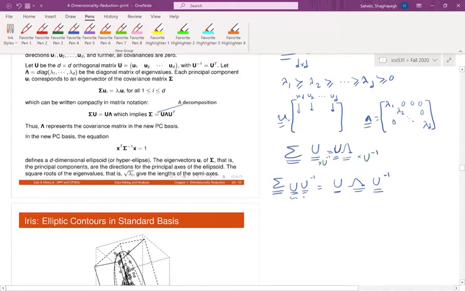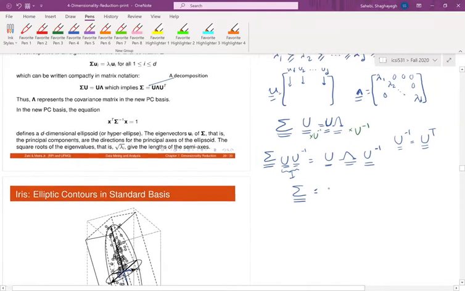Now this is I, so on the left hand side only sigma remains. On the right hand side, because our ui's are orthonormal to each other, we know that U minus 1, or the inverse of matrix U, is equal to U transpose, right? So on the right hand side, we will have U lambda U transpose. This is what we get in PCA.